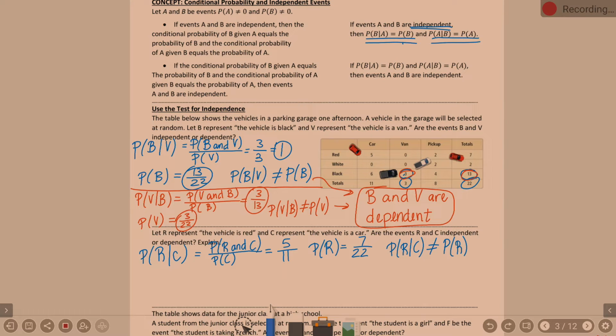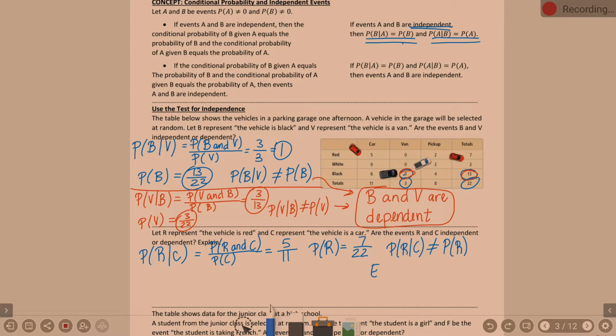Yes. I'm willing to go for it this time. Yesterday I wasn't willing to go for it. It was our first example. I kind of wanted to make sure you guys saw both pieces. Okay, practice a little bit. But this one, we already found one half of this saying they are not independent, so they're going to be dependent. That's my explanation right here.